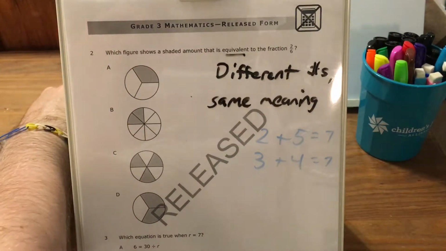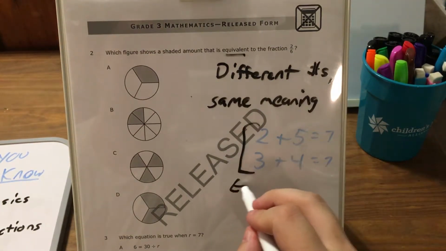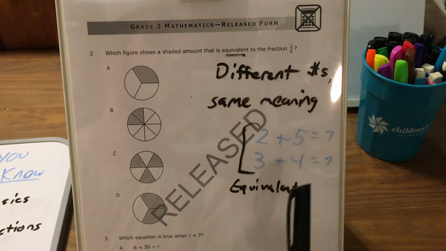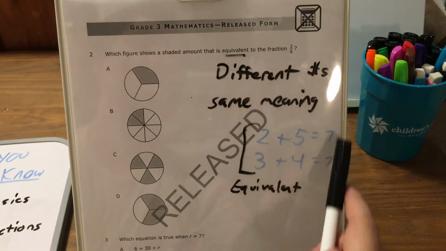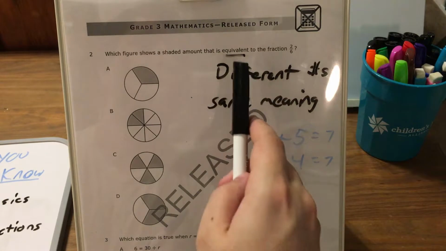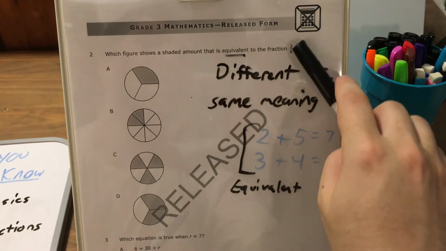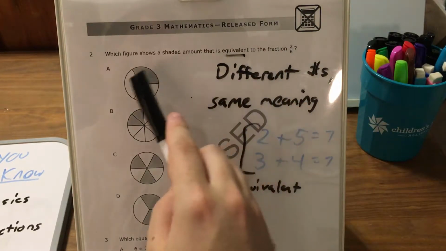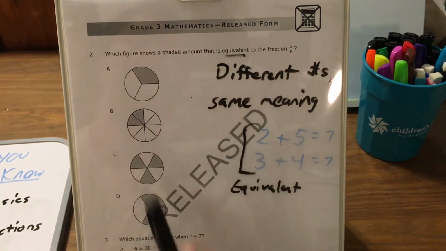So we would say that these expressions are equivalent because they all mean the same number, 7, even though I'm using different numbers to explain each of them. And when we talk about equivalent fractions, we're seeing if these two numbers, our numerator and denominator, match up and tell the same number, give us the same part of the circle as any of our answer choices here.